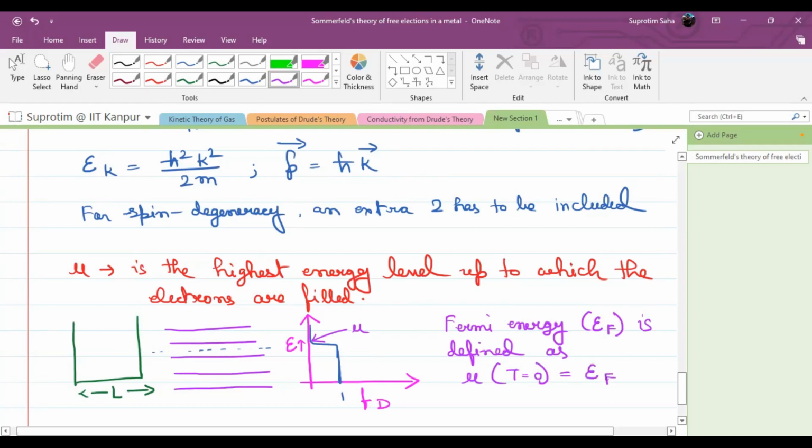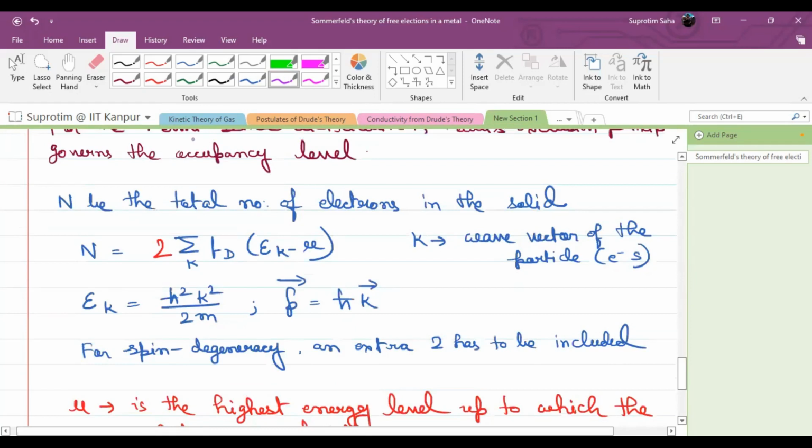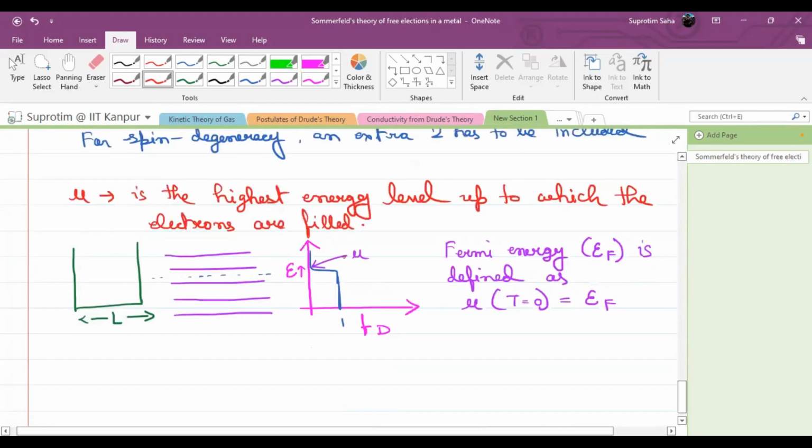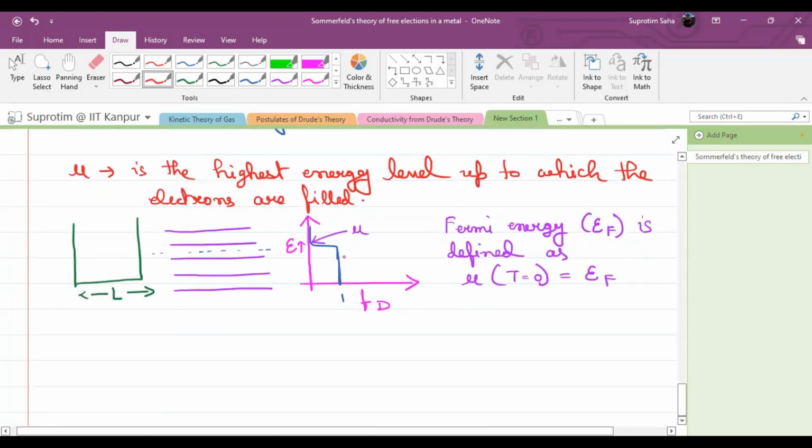And the total number of electrons is given by this. This is the summation of the Fermi distribution over all the wave vectors, and naturally that is over all the energy levels.